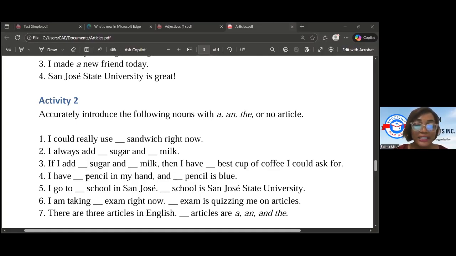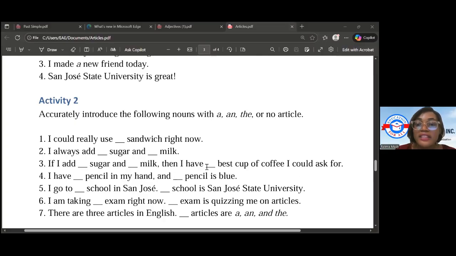Number 3, Fadi, number 3. If I had sugar and milk, then I have the best cup of coffee I could ask for.